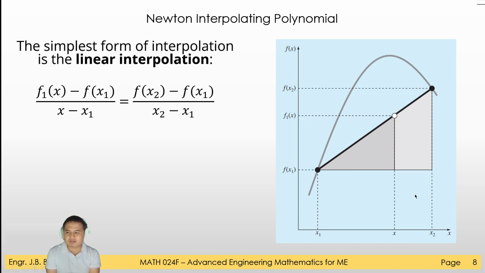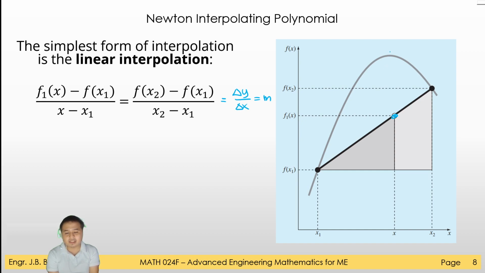The simplest form of interpolation is linear interpolation. I hope you're already familiar with this. Basically, the slope is equal around these 2 points. If you have this first point and this second point, then the linear interpolation is the point in between them. It creates a line segment connecting these 2 points, and the estimation is this.